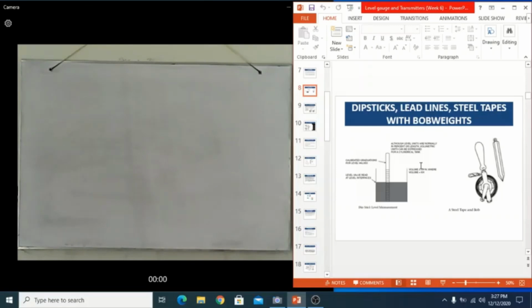But there are certain errors, certain problems that you need to consider while you are adopting any type of method of measurement in any of these.